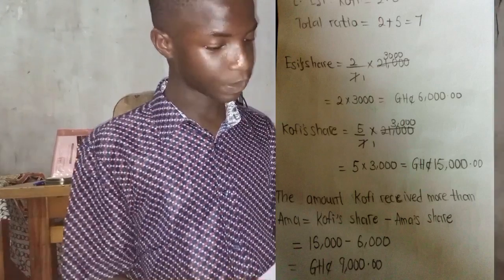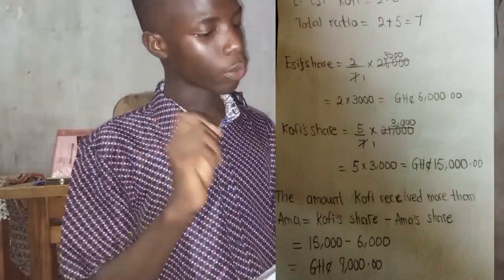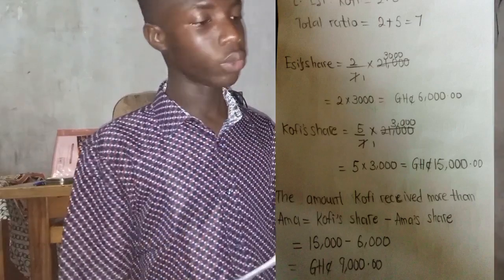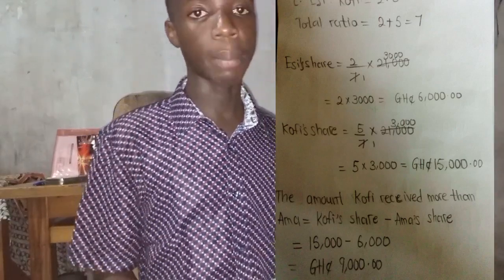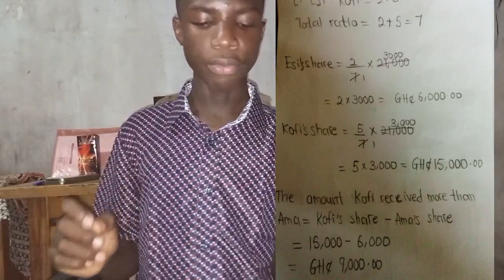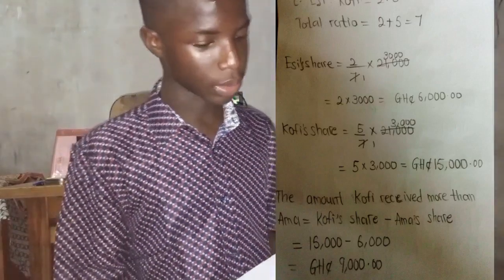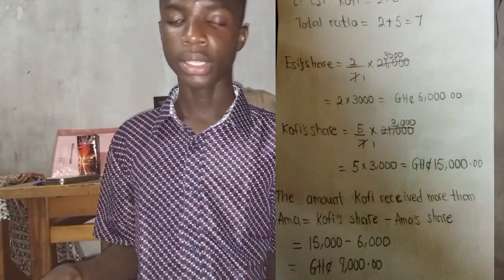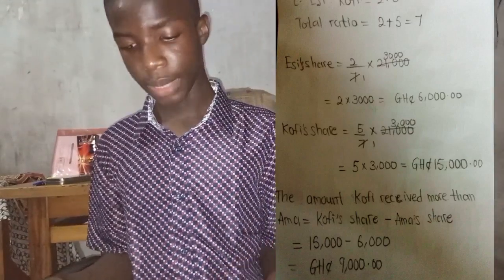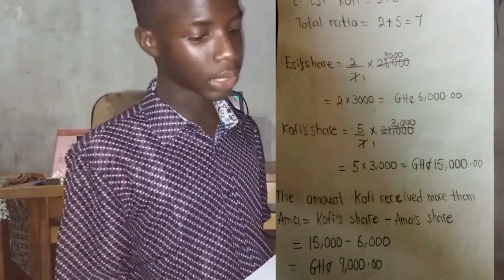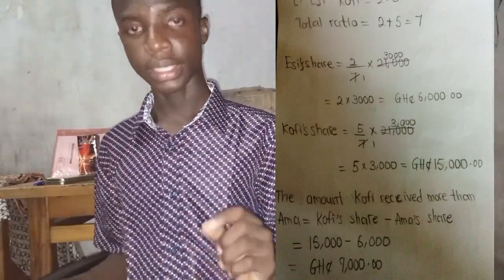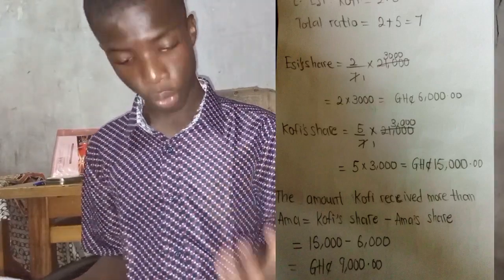And Kofi's share: Kofi's ratio is 5 over the total ratio times the amount given. So 5 over 7 times 21,000. The 7 cancels into 21, giving 3,000. So 5 times 3,000, we get 15,000 Ghana cedis for Kofi.